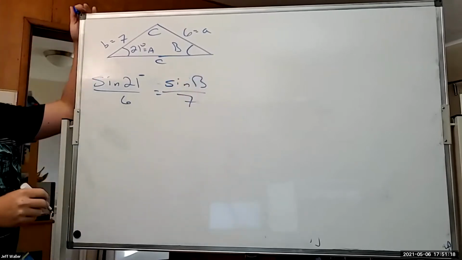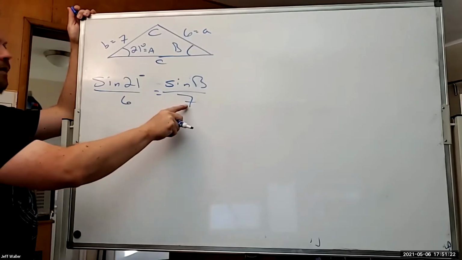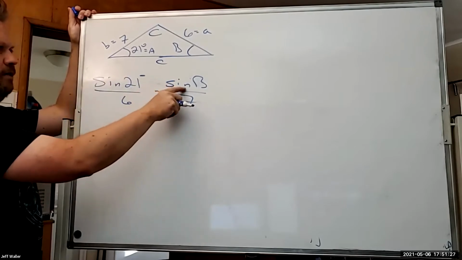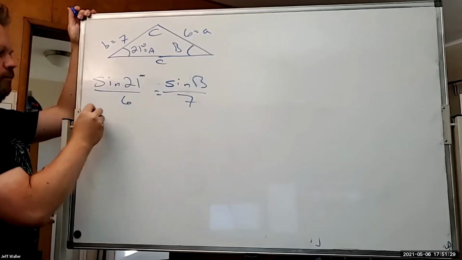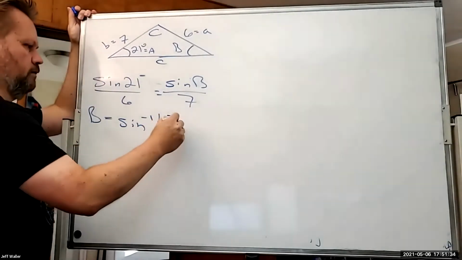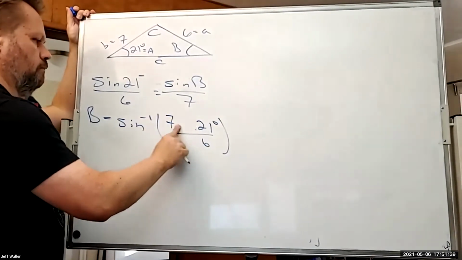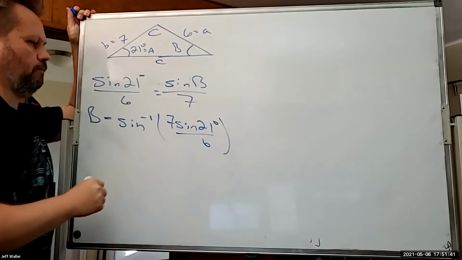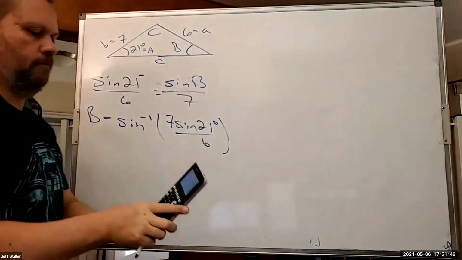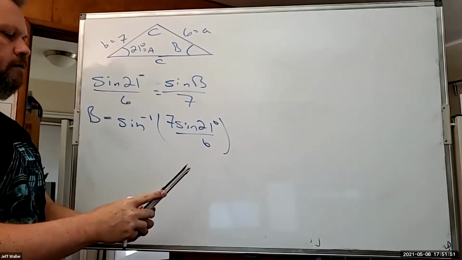If I really want you guys to be okay with solving this very quickly, multiply the 7 up, take the inverse sine. Inverse sine of 7 sine 21 over 6. All right, is that what I did? I really hope so. Yay.